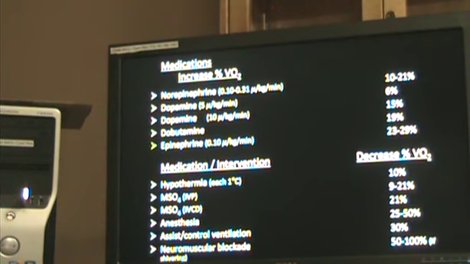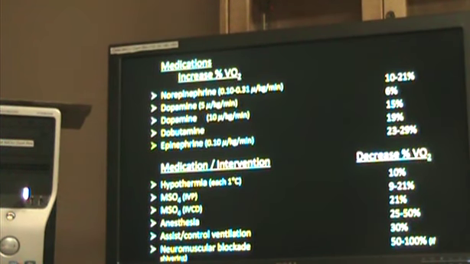Now, there's a few medications that can also increase your oxygen consumption. You can see the catecholamines that we routinely run in our ICU can drive up oxygen consumption quite dramatically. Epinephrine and dopamine and norepi are common culprits.